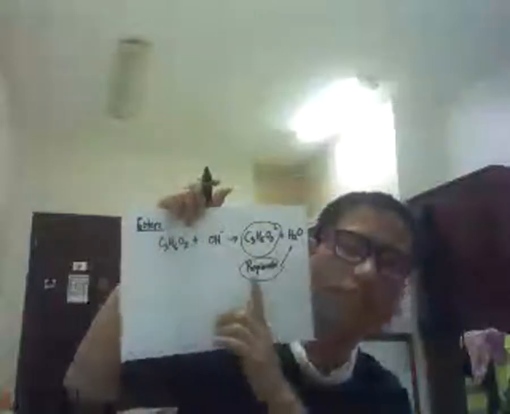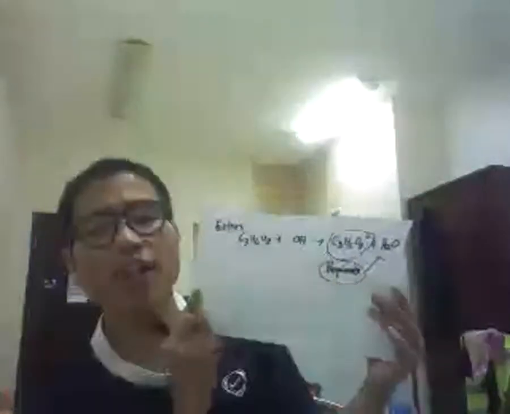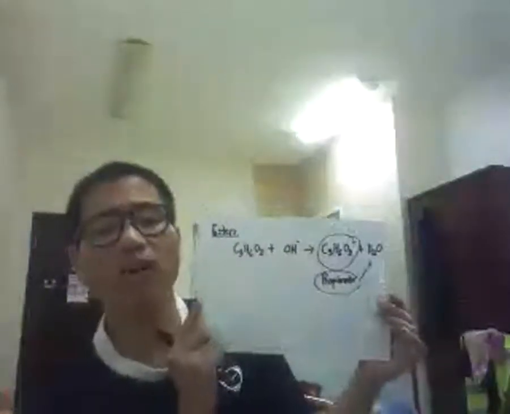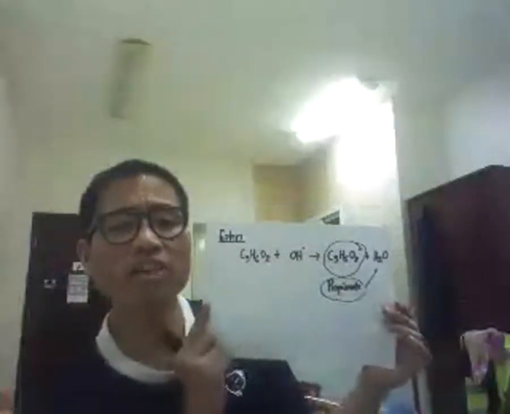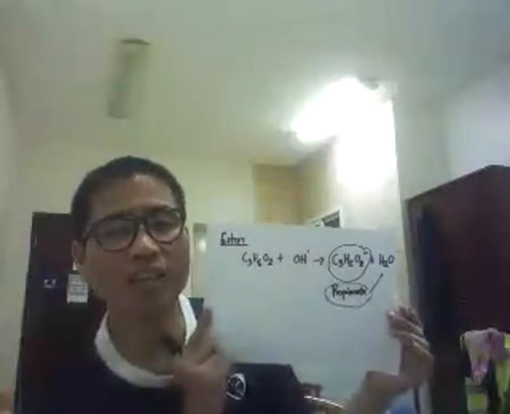So first is the propionate. To balance the chemical reaction: 3 carbon, hydrogen 6 plus 1 is 7, hydrogen 7, oxygen 3. Perfect. So it is an ideal chemical reaction. Without doing anything, the reaction has just balanced immediately.